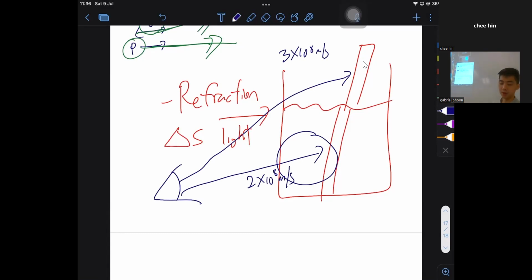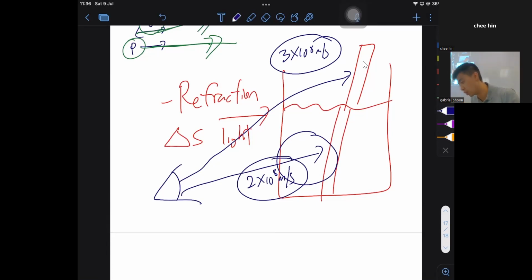And because there is a difference in the speed of light, there will be a difference in the way we see things. That's why when we look into a swimming pool, have you ever stood on top of a swimming pool and looked down and seen that it's quite shallow? Then when you jump in, you're like, oh, it's quite deep, right?